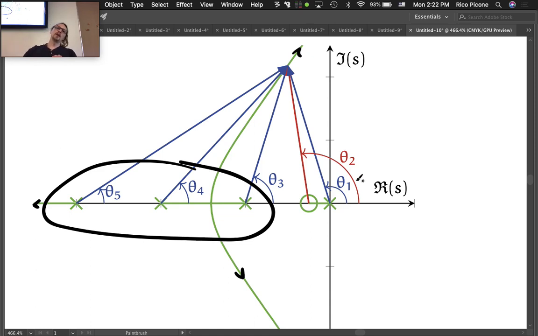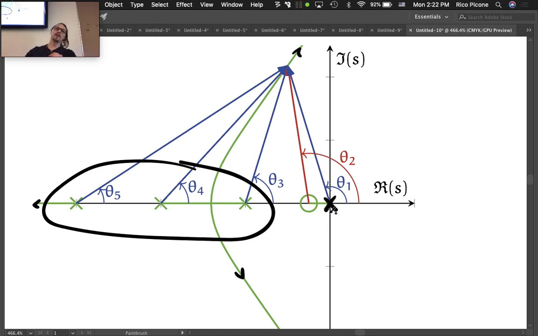So if we include a compensator pole at the origin, or an integrator, then that adds, or subtracts, this theta 1 angle from the angle criterion, and it messes up the whole thing. The root locus would look way different.